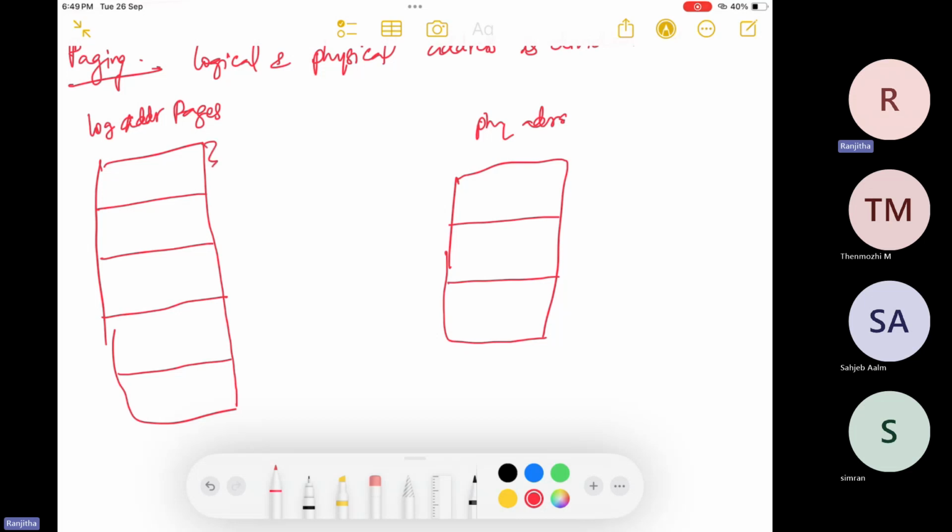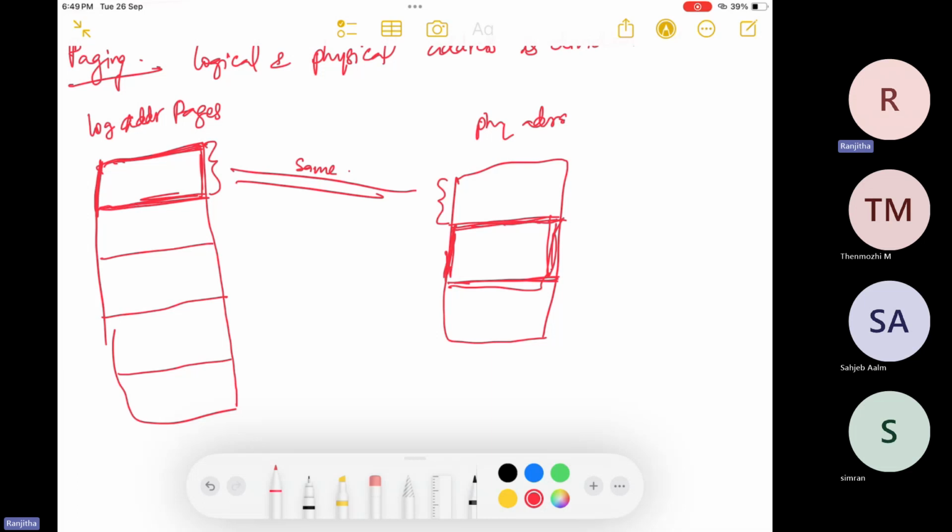So this size and this size will be the same. When we divide this logical address space into pages, we take one page and put it into the physical address space.